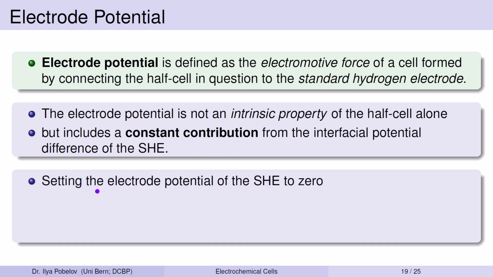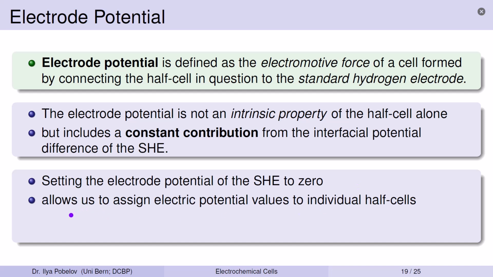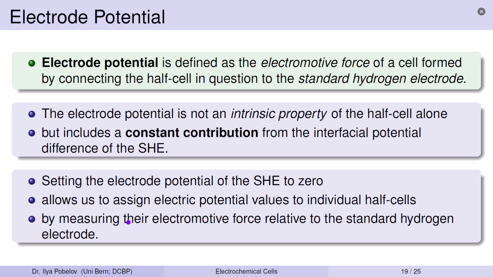The significance of setting the electrode potential of the standard hydrogen electrode to zero is that it allows us to assign electric potential values to individual half cells by measuring their electromotive force relative to the standard hydrogen electrode.